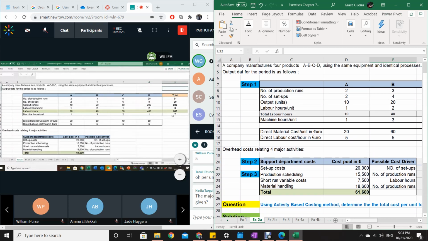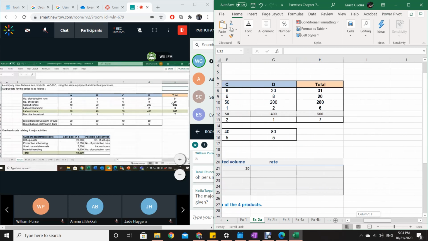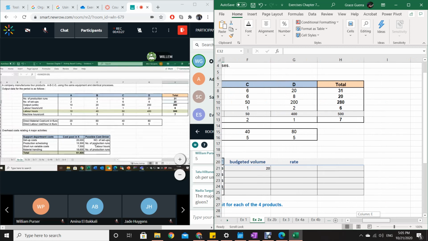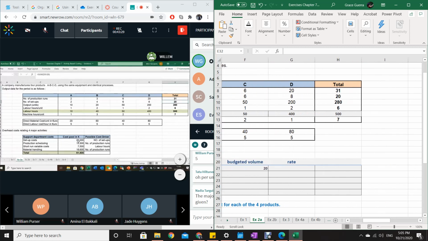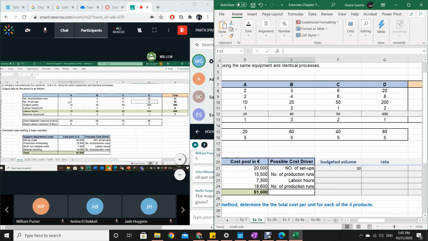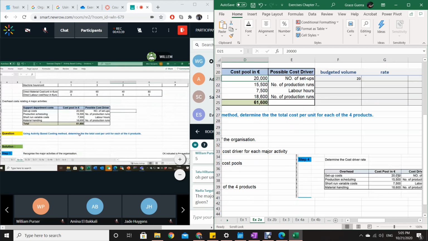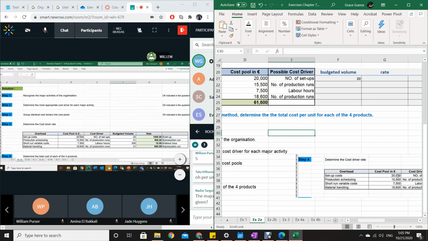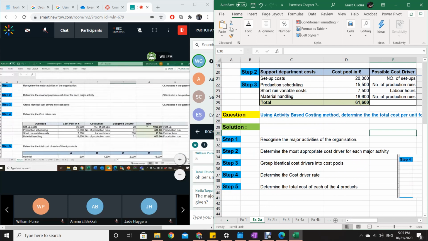Then you know the total number of setups is 20. So you divide these 20,000 setup costs over 20 setups. And these are the different setups. Okay. So it's clear: 20,000 divided by 20 is 1,000 euro per setup.